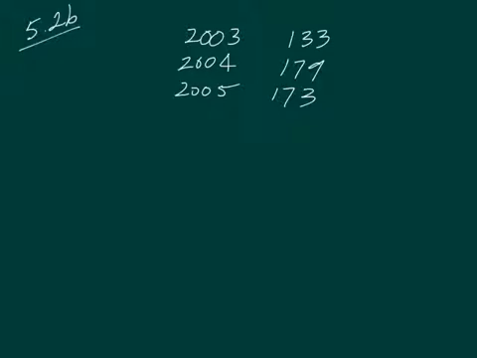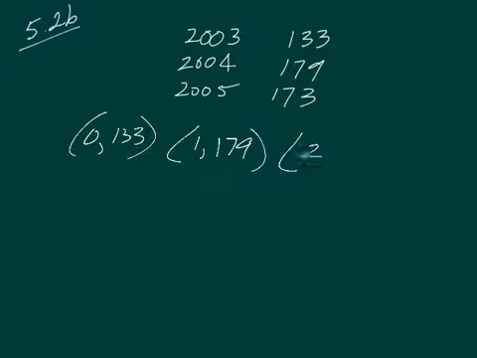So what we're going to do here is let x equal the number of years after 2003. So for 2003, x would be 0. In the first year, year 0, they sold 133. After the first year, they sold 179.